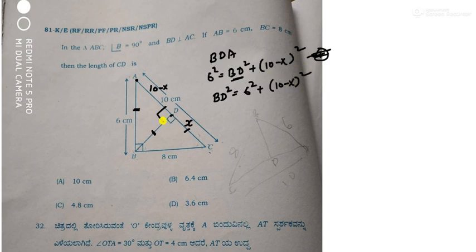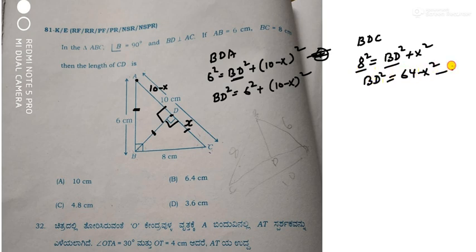Now similarly look at this. Here it is 90 degrees, so in triangle BDC, 8 square will be, using Pythagoras theorem, BD square plus x square. I will write this again in the form of BD square, so it becomes 64 minus x square. This is equation 2.